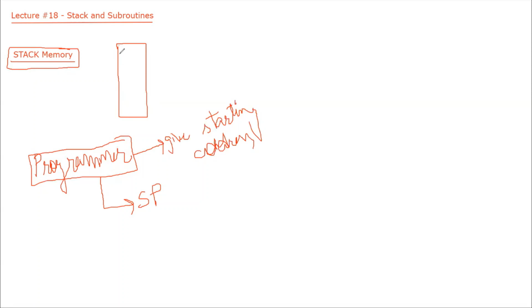Okay. So let's say these are my addresses in memory. There are different addresses. Let's take this address as 3000, the last address.